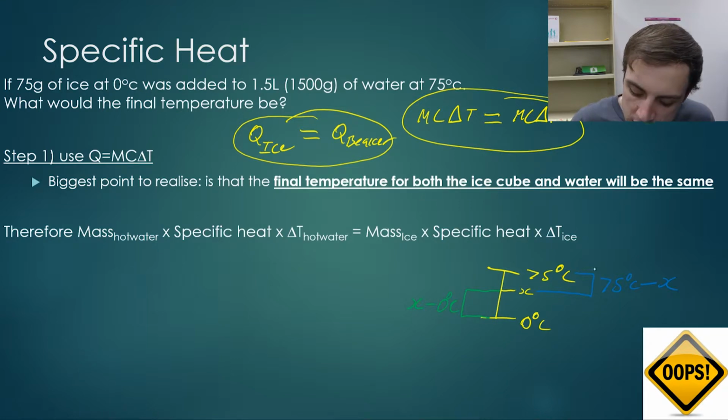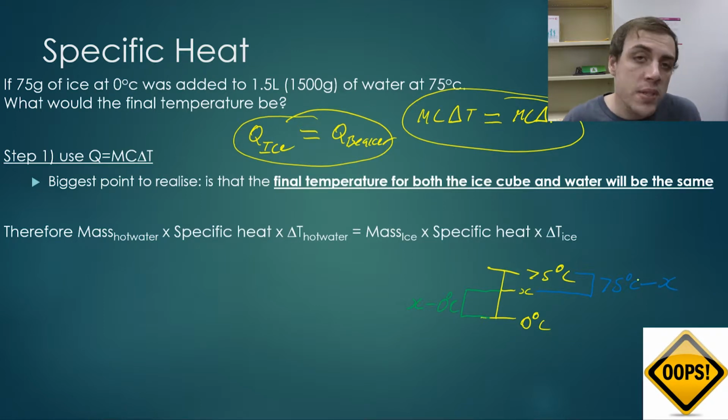So what I've said is, yes, we don't know what this unknown is, but I know that this 75 degrees is going to get colder. It's going to go down. So I did 75 degrees Celsius minus X. Now, the opposite can be said for the cube of ice. We know that the cube of ice is going to get hotter, okay? Because it's going into a hotter environment.